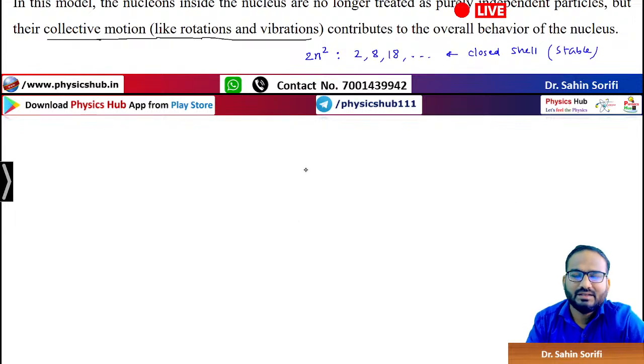The similar thing inside the nucleus is dealt with by magic numbers.